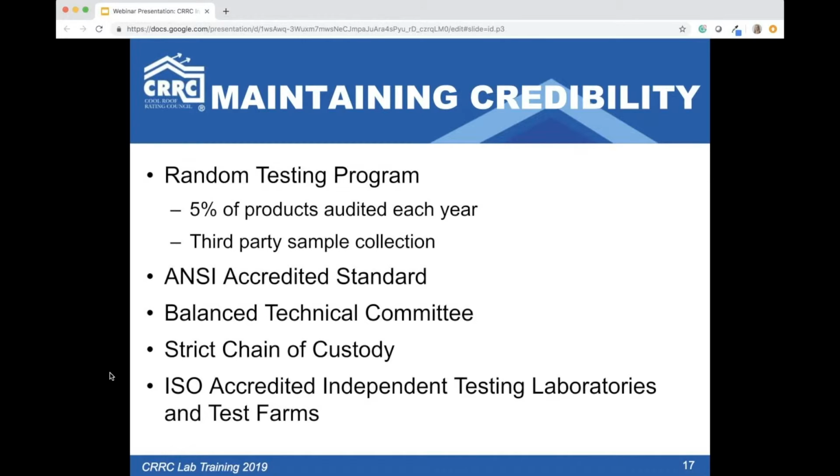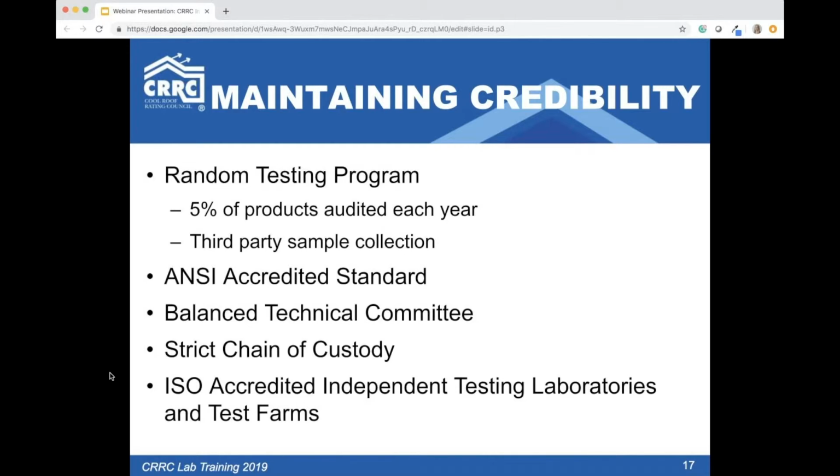And the AITLs will test those products as if they were testing them for an initial rating and see what results they get. And if the test results for random testing meet the passing criteria, then the product will be deemed to pass the testing program. If they fail, if the results that the test lab gets are very different from what we have on our rated products directory, then we would go through a second and potentially third test, up to a third test.